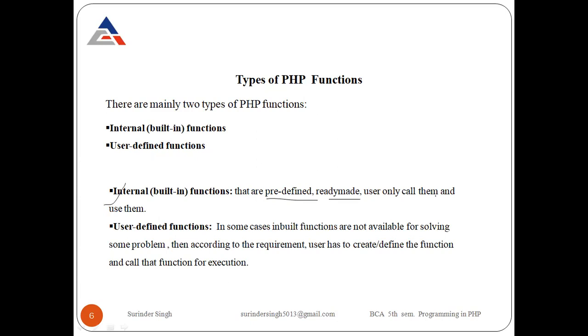The user only calls and uses them. We are not defining the code of what the variable dump function does or what the empty function does. We just use them. Clear? User defined functions: in some cases built-in functions are not available for solving some problem. Then according to the requirement, the user has to create and define the function and call that function for execution. Clear?